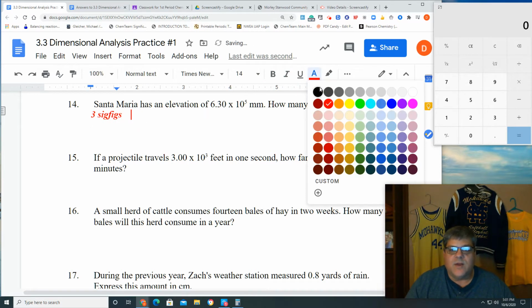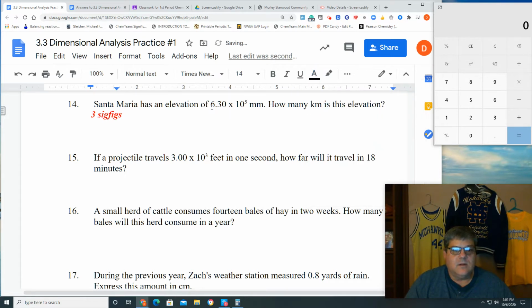Well, we know according to the problem that the elevation is, so what is known is this right here. We're going to highlight that, copy it and paste it. What we don't know, so what is unknown, is in kilometers.